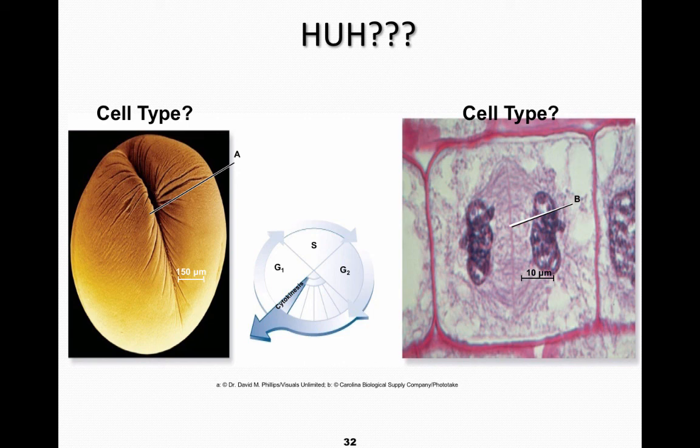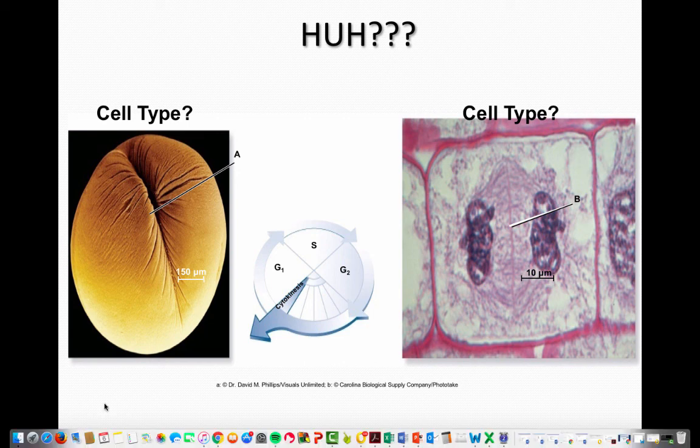So when we look at this, what kind of cell is this? What do you see forming here? This is an animal cell, and we have the cleavage furrow forming here, right? Where here it's a plant cell, and what's forming here? It's the cell plate.